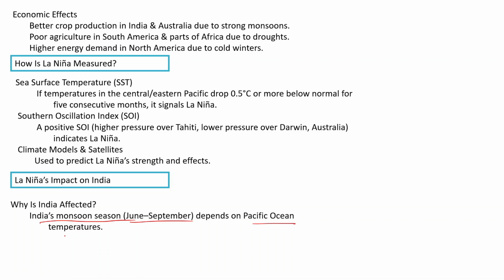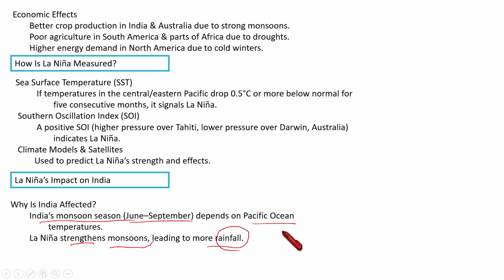It depends on Pacific Ocean temperature. We know that La Nina can strengthen the monsoon, and that way it intensifies the rainfall. We will get more rain. So we will get enough water to irrigate our crops, and our crop yield will be high during La Nina.